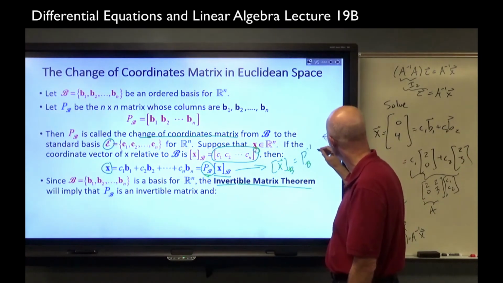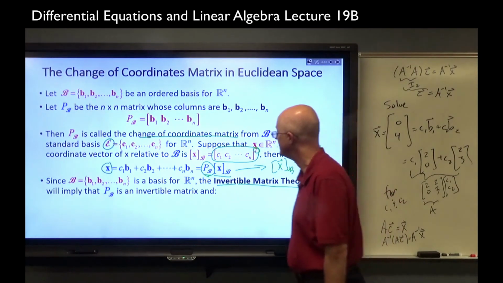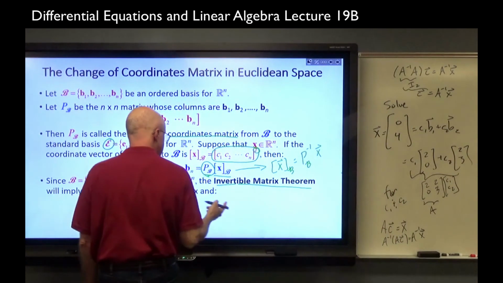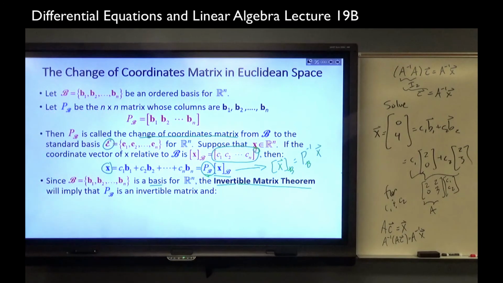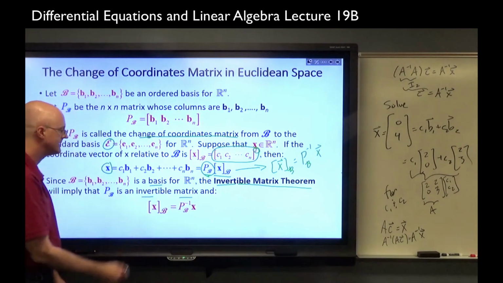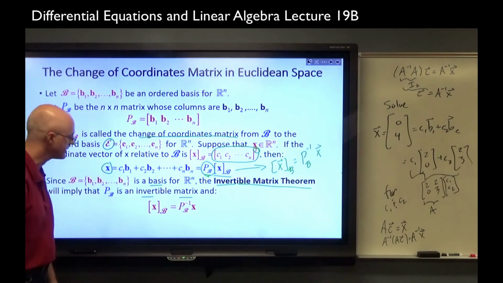And why can you conclude that? The reason you can use the invertible matrix theorem is because this is a basis. It's a linearly independent set of n vectors that spans Rn. It's going to be an invertible matrix, and this equation holds, the same thing I just wrote down in green.